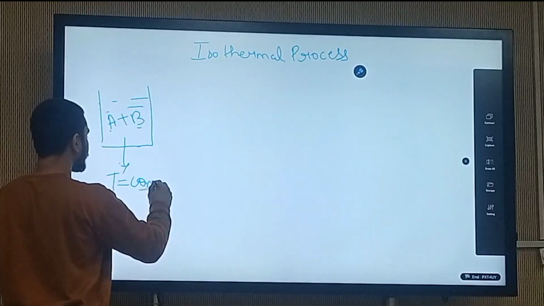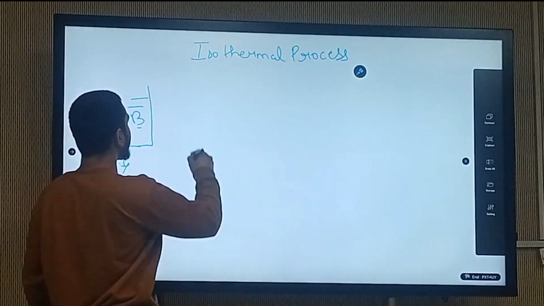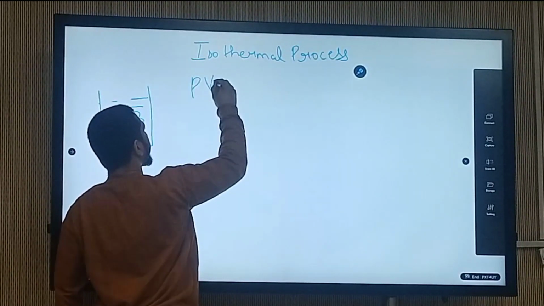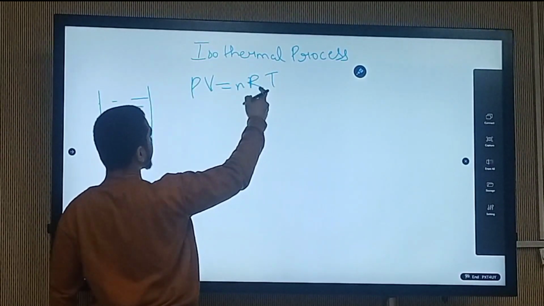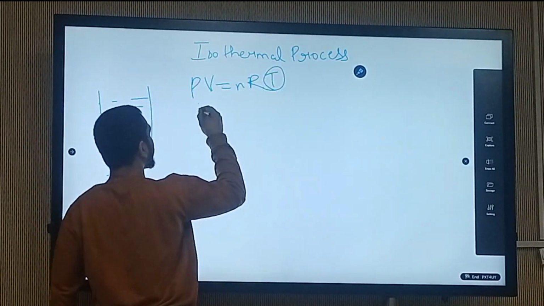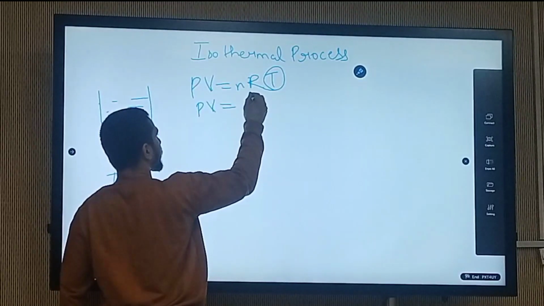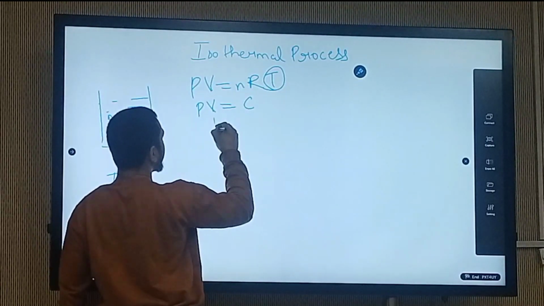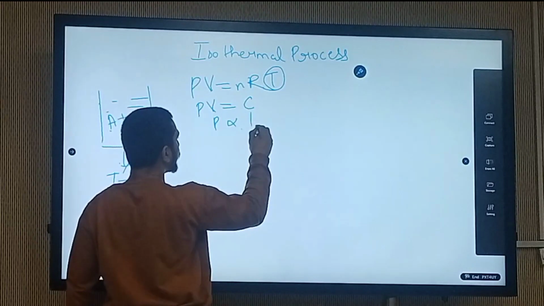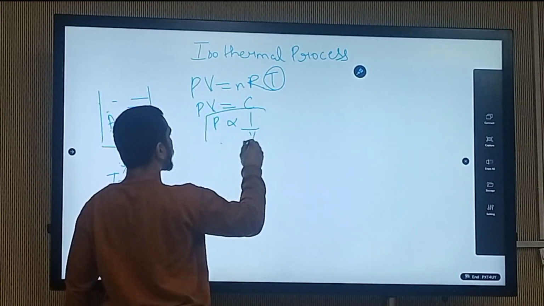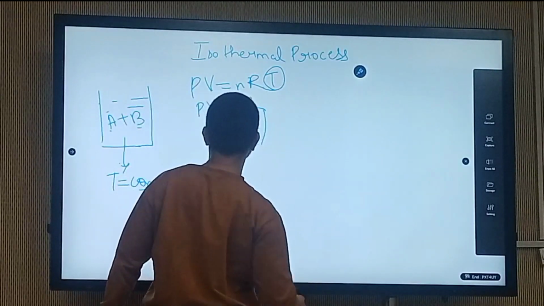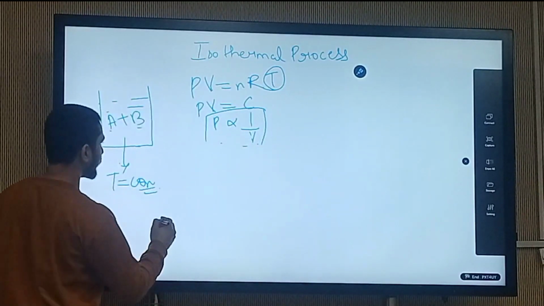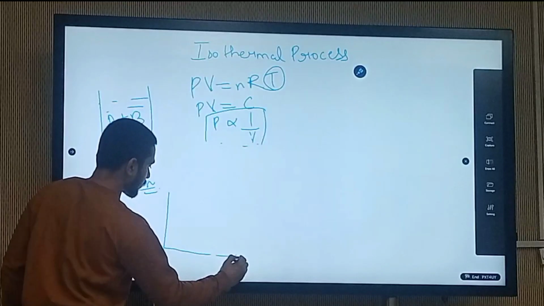In this, the temperature will always remain constant. So we know the relation PV = nRT. In this the temperature is constant, so PV = constant, or C. So P is directly proportional to 1 by volume, that is P ∝ 1/V.